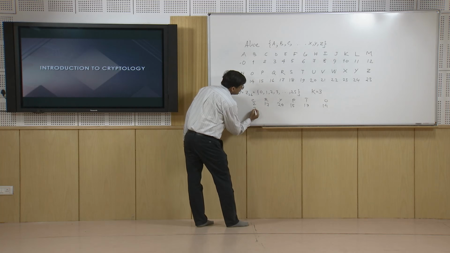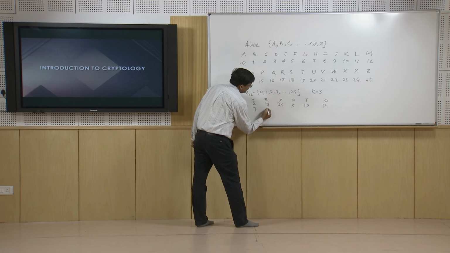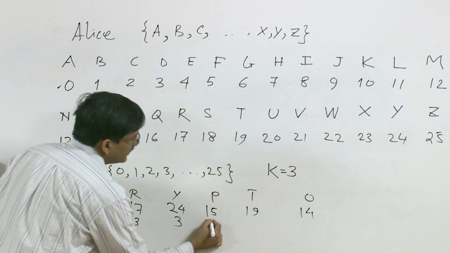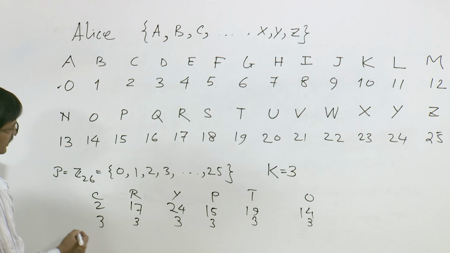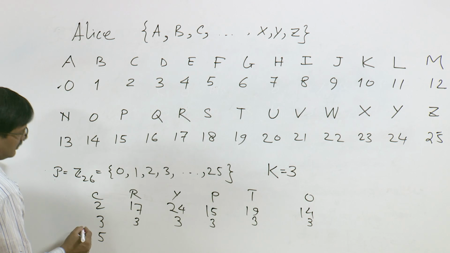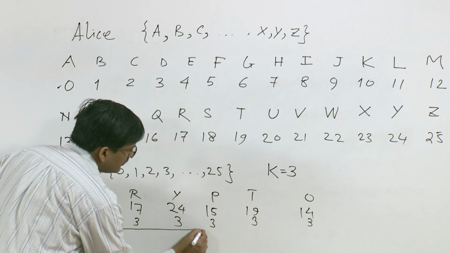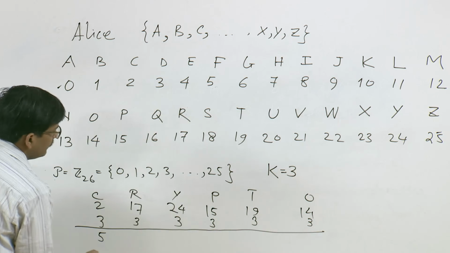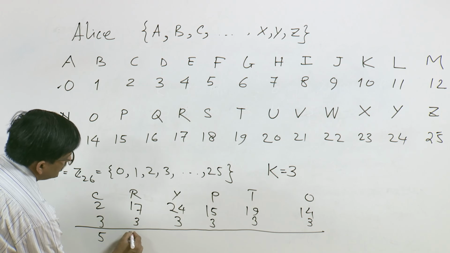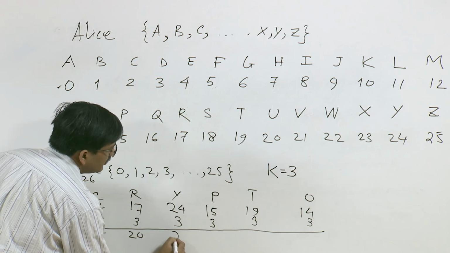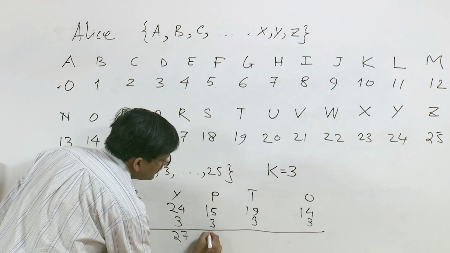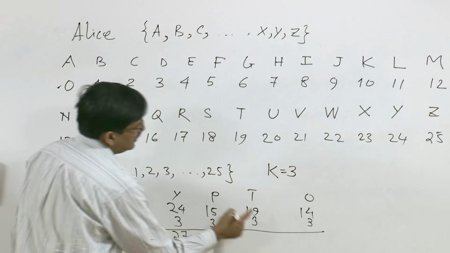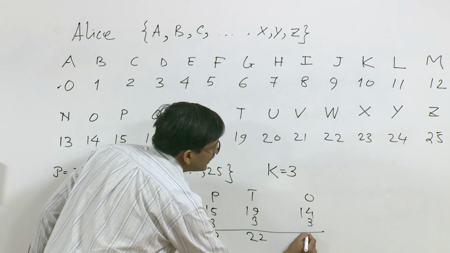Now, she adds 3 to all these numbers to obtain 5, 20, 27, then 18, 22 and 17.